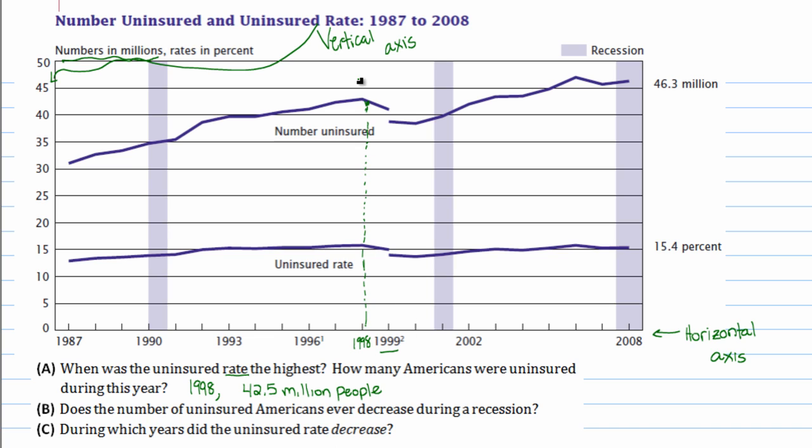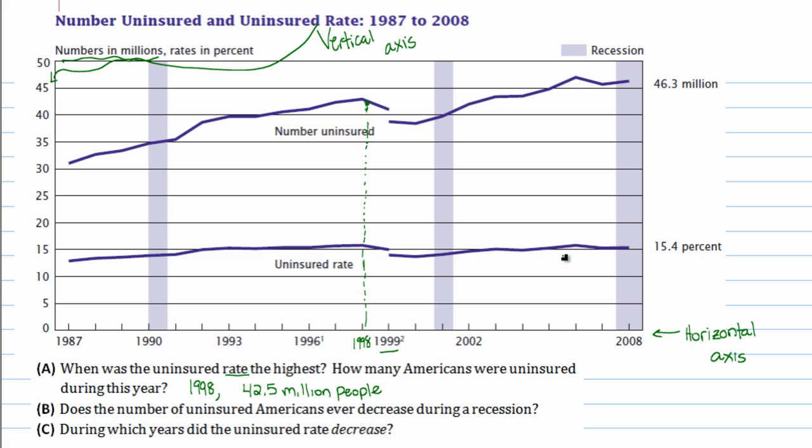And what's interesting about this is that you see that this is the highest. We're claiming that this is the year with the highest uninsured rate, but actually there are years that have higher numbers of people uninsured, and of course that's okay because there's just more people in the United States.